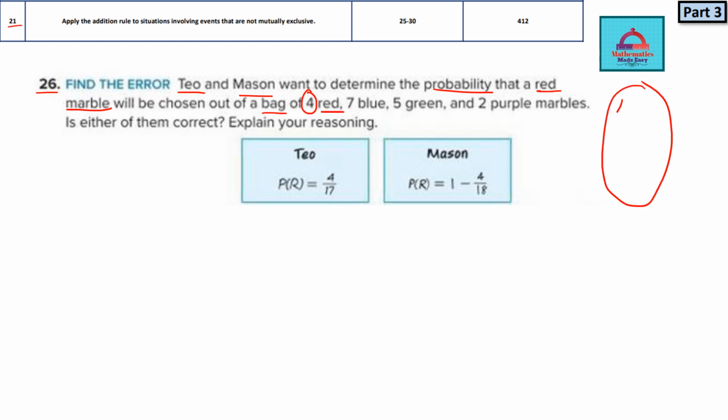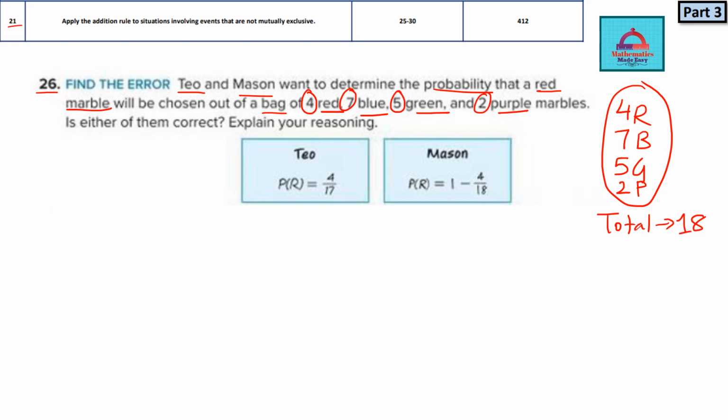So I denote 4 and a capital R to denote the red. 7 blue, so 7B, and 5 green, so 5G, and 2 purple, so 2P. Now let's add them up so that we get the total. So in all there are total 18 marbles in this bag.